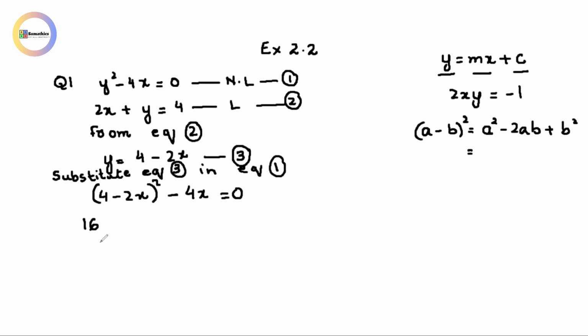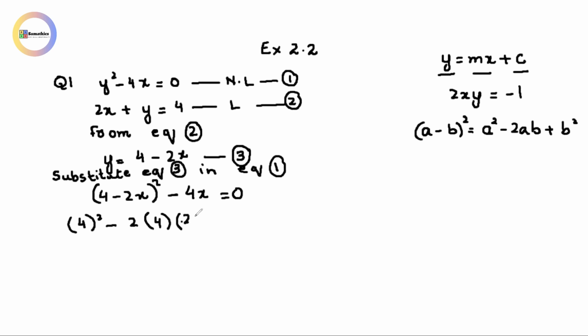Okay, I'm writing over here the step so that you don't get confused. 4 whole square, then minus 2x whole square, minus 2 into 4. 2ab we have, 2 minus 2 we have written, then we'll write the value of a and the value of b, these are to be multiplied, right?